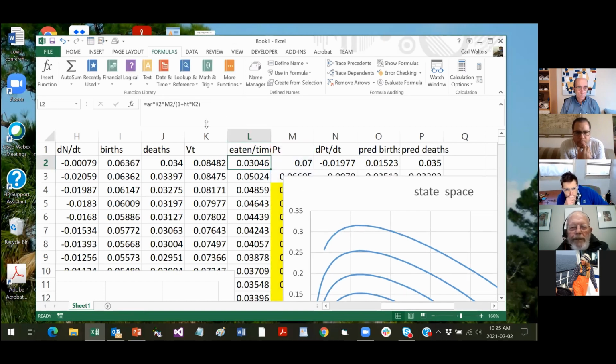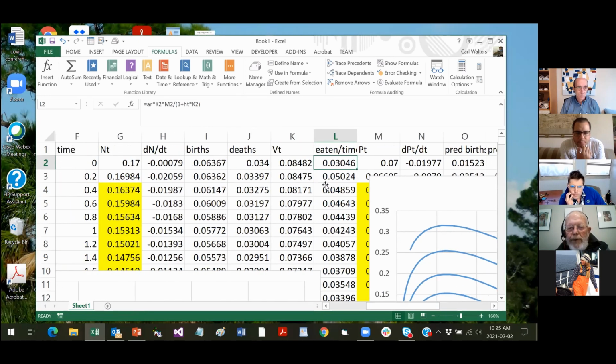The predators are not seeing the total numbers of prey in the G column. They're seeing the vulnerable numbers predicted from the vulnerability exchange process. They still have a limit on how fast they can feed, but now the prey numbers they're seeing are just these vulnerable prey numbers.